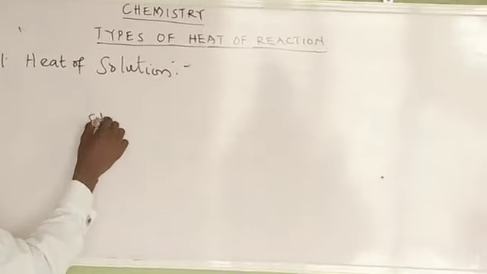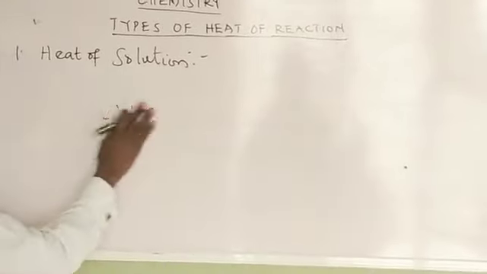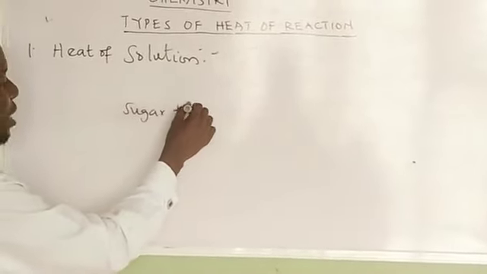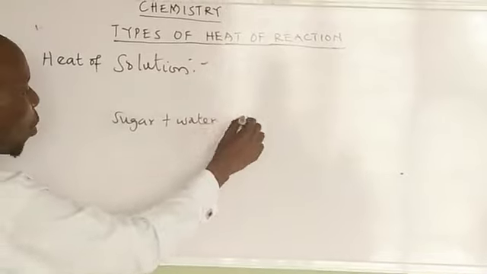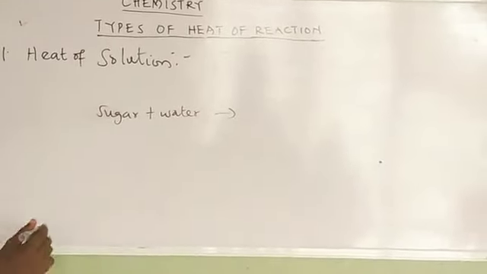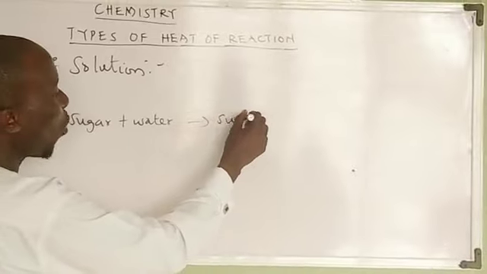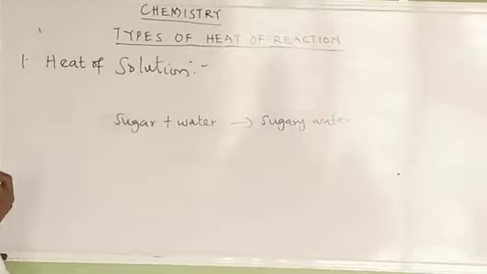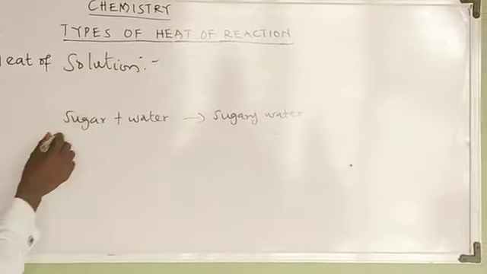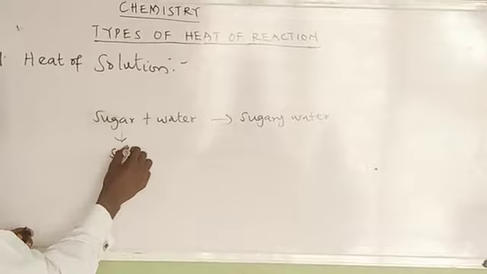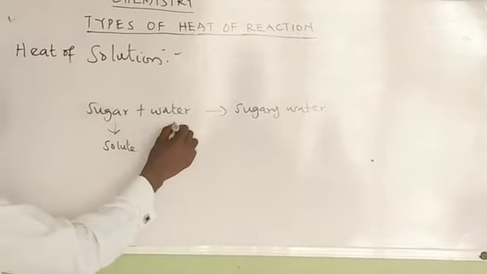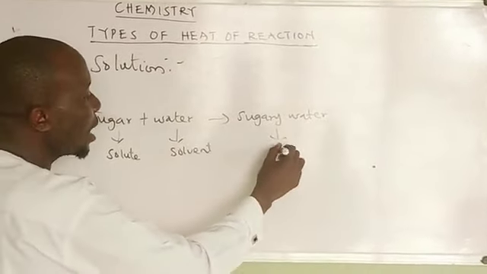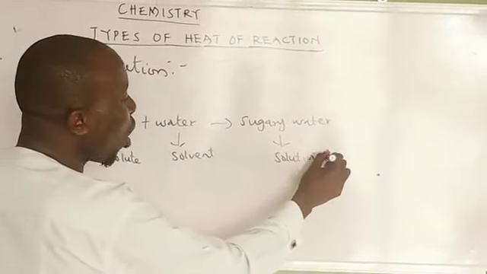When we have a solute, when we have a sugar, and we put that sugar inside water, what will the sugar form? We are going to have a sugary water, isn't it? A water that will be tasting like sugar, isn't it? This sugar is known as the solute. This water is known as the solvent. Then the sugary water is known as the solution of sugar.